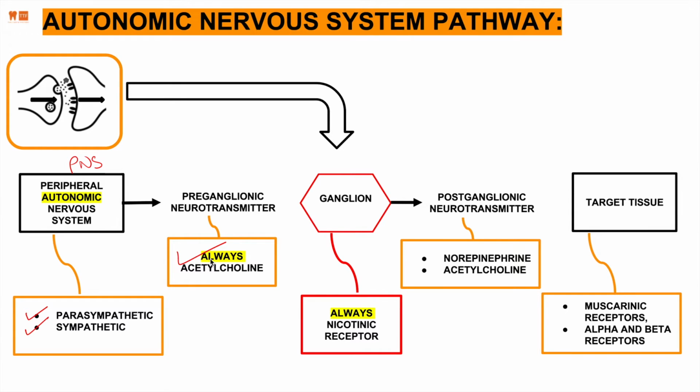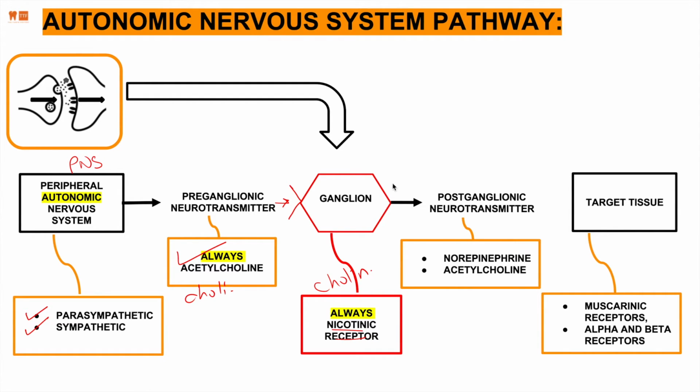The reason is that the ganglion has a receptor where the preganglionic neurotransmitter sits. If this is cholinergic, this has to be cholinergic, correct? And that's why all ganglionic receptors are nicotinic.